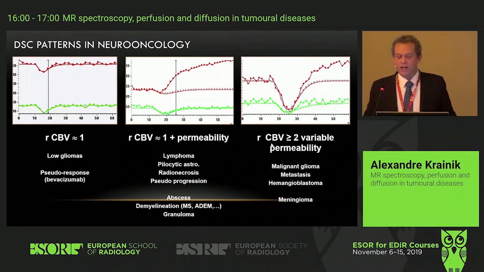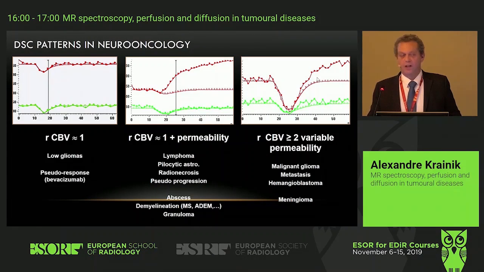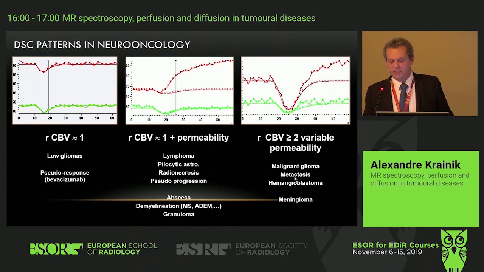When you have a very high ratio of CBV, superior to 2, we could say 1.8 for the specialist, but here we will say 2, with a variable permeability, you will observe this kind of change in malignant glioma, in metastasis, especially when you have hypervascular metastasis, in meningioblastoma, and also in meningioma.